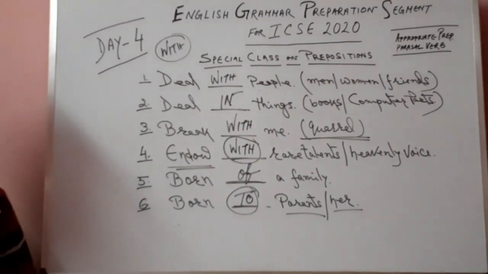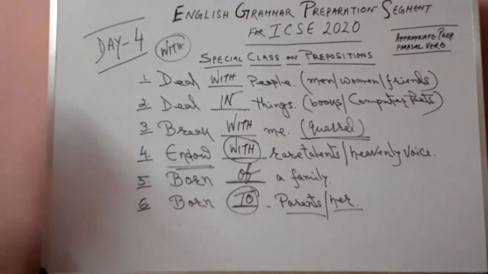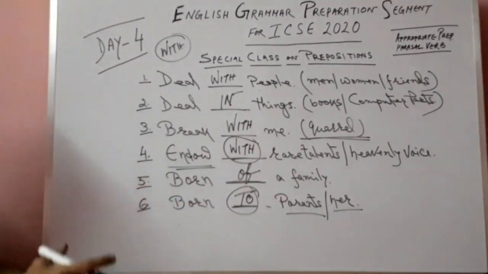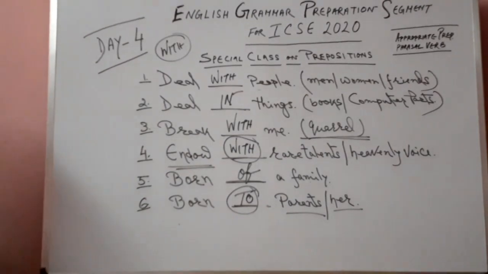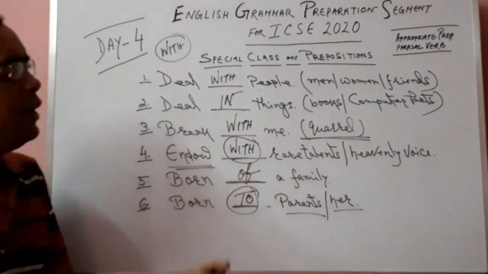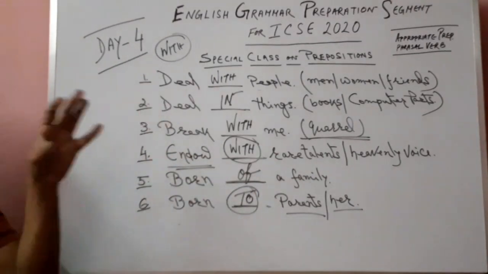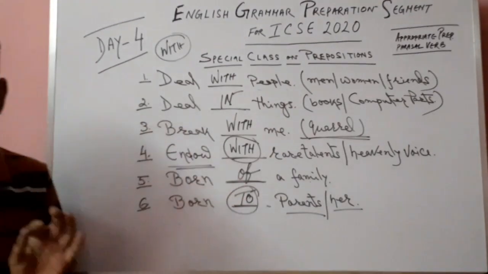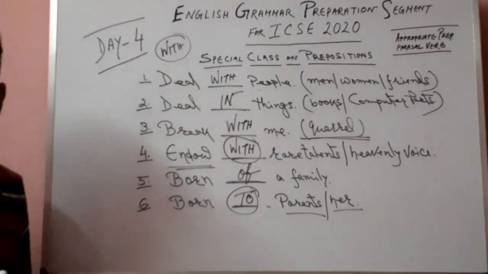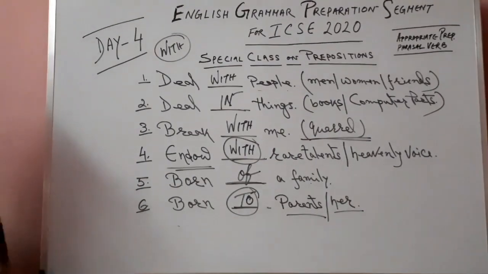My intention is to select some very common phrasal verbs which may appear in your forthcoming ICSE. I am quite sure that you will get them in the exam. So we will be doing nearly 30 phrasal verbs, maximum 30, and out of those you can get common ones.